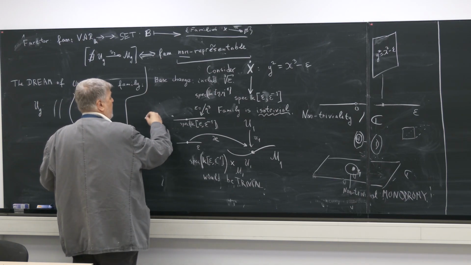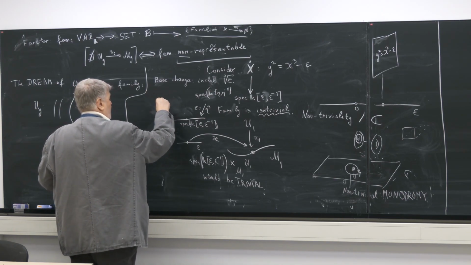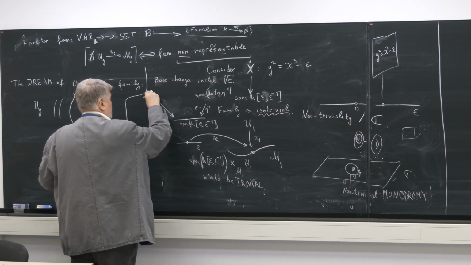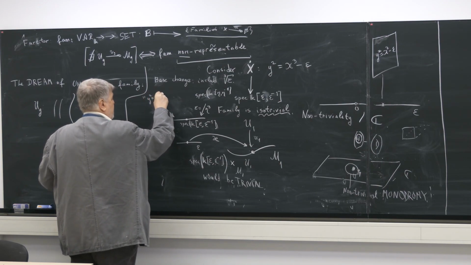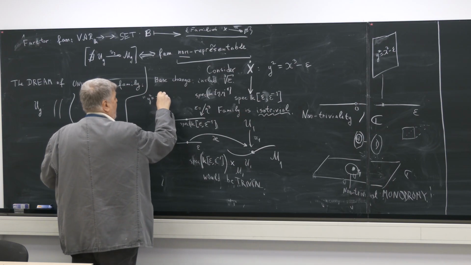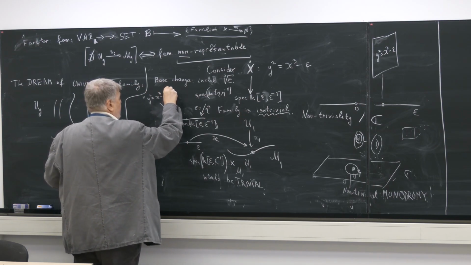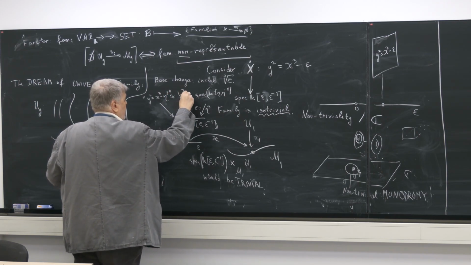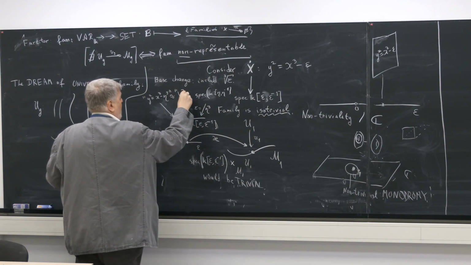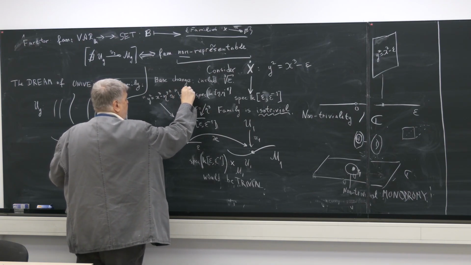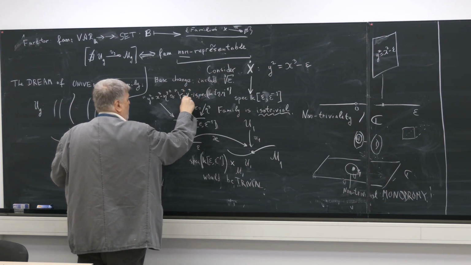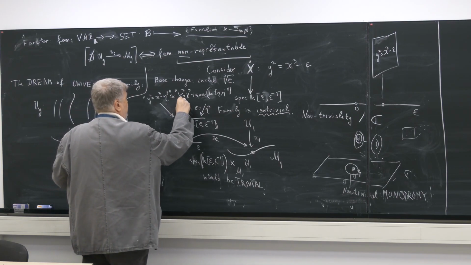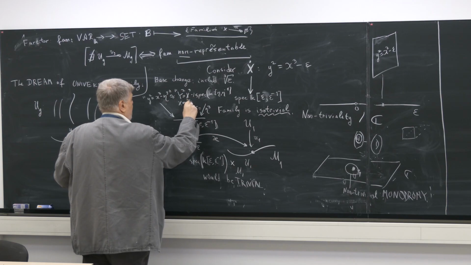Then we would have the equation y squared equals x cubed minus eta cube, and it is isomorphic to y squared equals x cube minus 1 under the transformation x being x over eta.